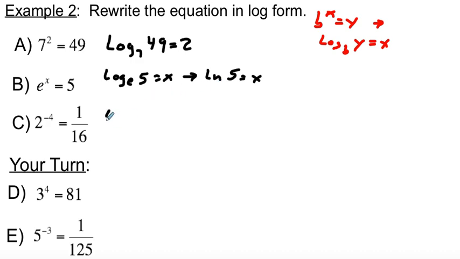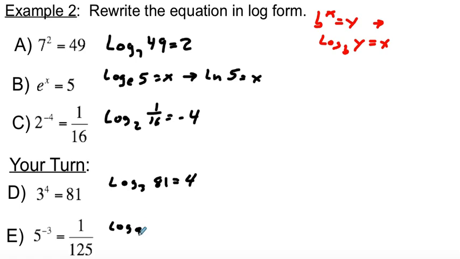Letter C, log base 2 of 1 over 16 equals negative 4. Letter D, log base 3 of 81 equals 4. Letter E, log base 5 of 1 over 125 equals negative 3.